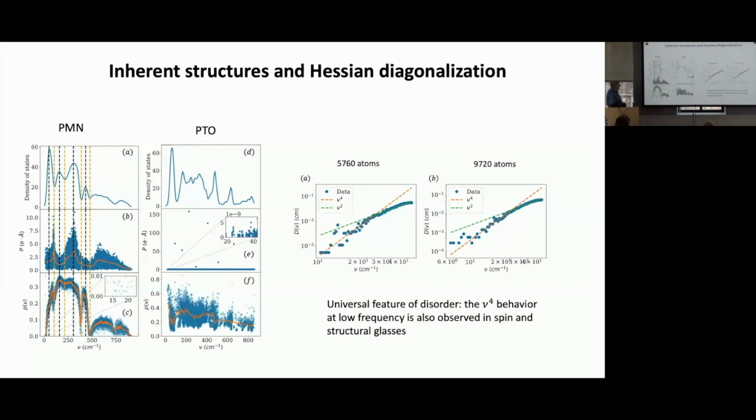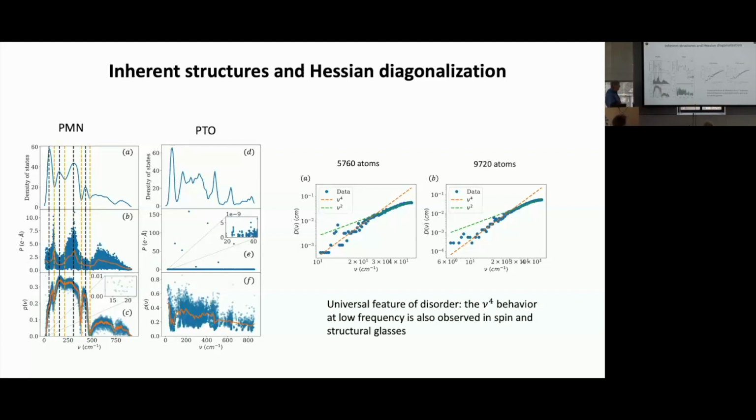And this is the polarization associated with the different modes that are the eigenstates of the Hessian. We can see that the polarization is present for all the modes over the entire spectrum, whereas in PTO it is only present for some infrared active modes, these modes over here.